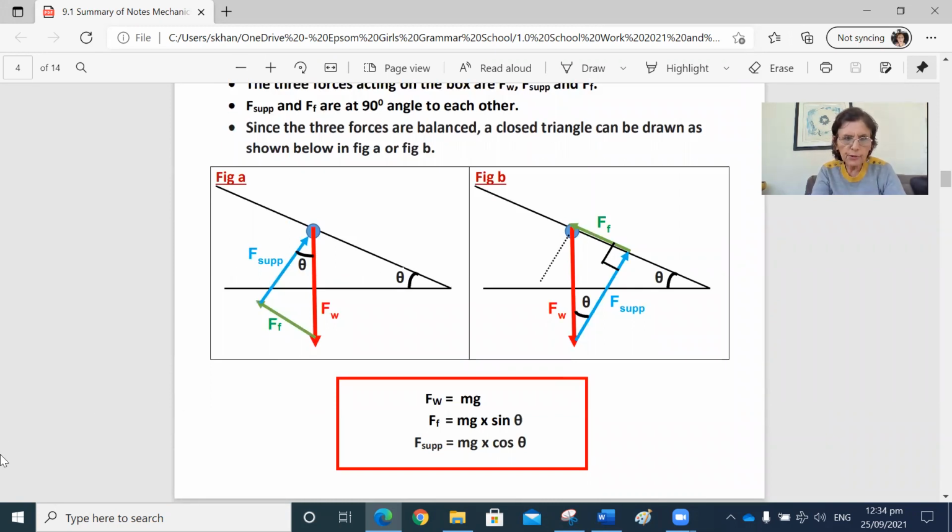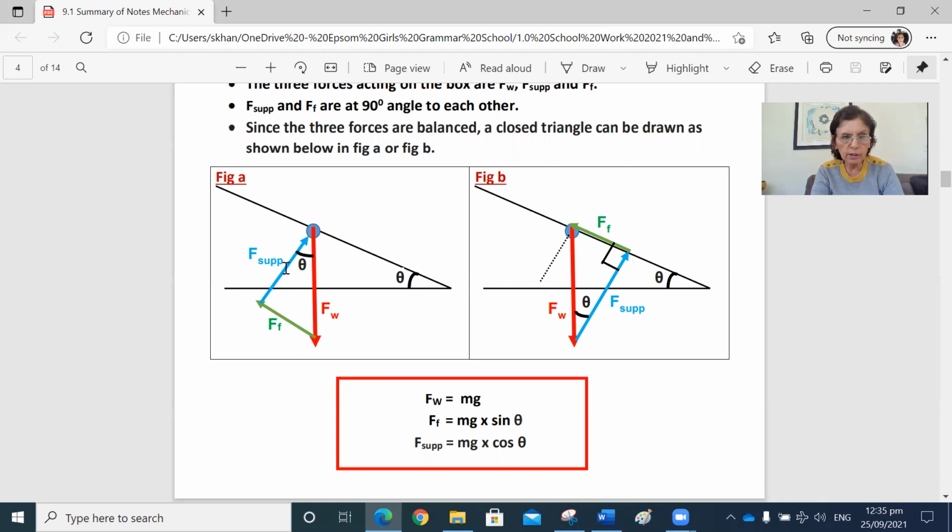So we draw the gravity force first. From the tip here, we draw the friction force that was along up the ramp. And the third force, F support, in this direction. So we started from this point, and after adding these three forces, we have ended up here. That means the resultant of these three forces is zero, or the forces are balanced.